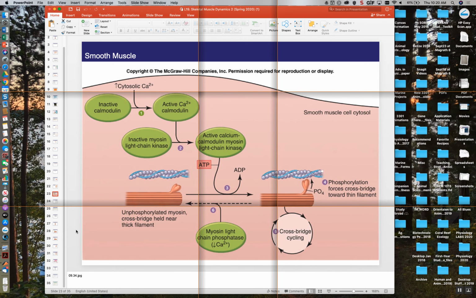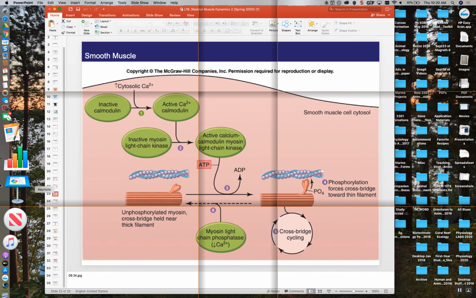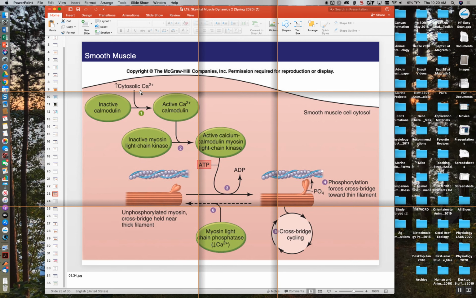We actually went through this particular cellular mechanism, the sequence of events that occurs with smooth muscle contraction. So just to review, this actually starts where we get an elevated amount of intracellular calcium.